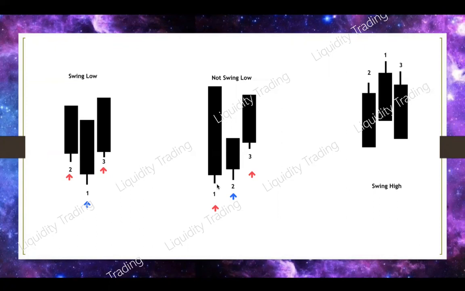So you will have to find a candle formation in the market that's looking like this. It has two higher highs on both sides. Now the swing high will be having two lower lows on both sides. And you will be pulling the fib the most simple way, swing low to the swing high in a bullish market.